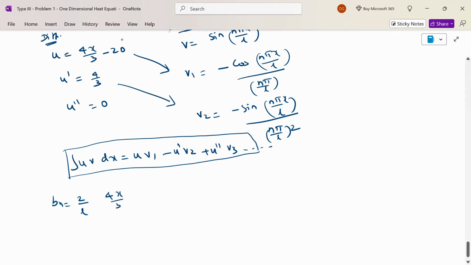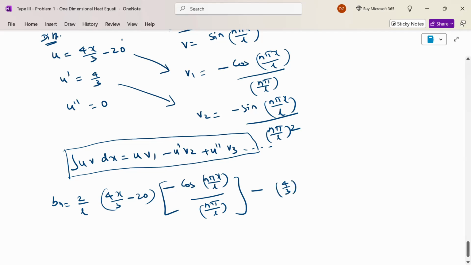So 4x by 3 minus 20 is u, v1 is minus cos n pi x by L by n pi by L, then minus u dash 4 by 3, then v2 minus sine n pi x by L by n pi by L square, from 0 to L.